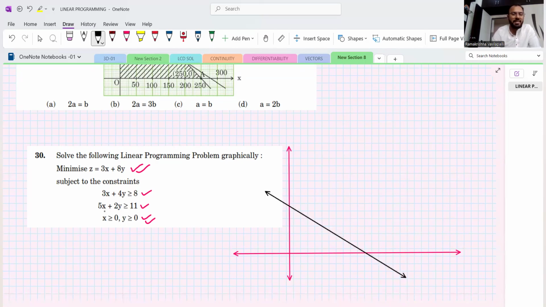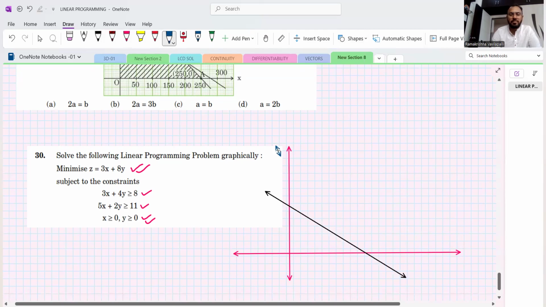And the next one, the x-intercept is 11 by 5, that is 2.2, and the y-intercept is 11 by 2. Like this.